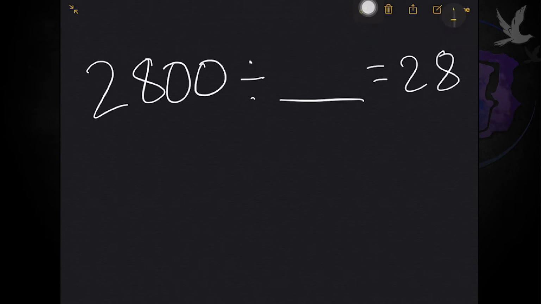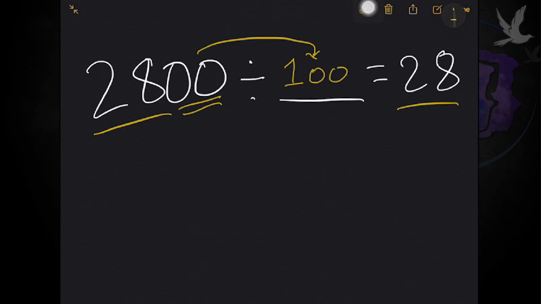Since it's notable that we have the same base here, which is 28, obviously we should have an initial one in our divisor. And note how many zeros are in our dividend. We have 2. So all you have to do is add them up here. 1, 2. Which means our divisor here is 100.